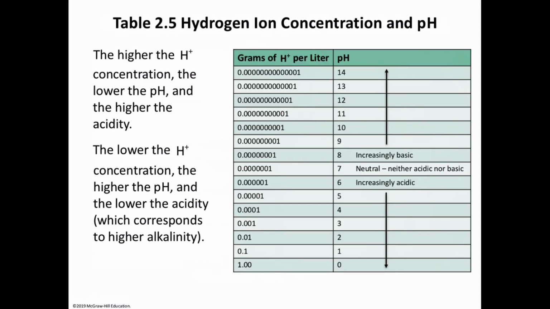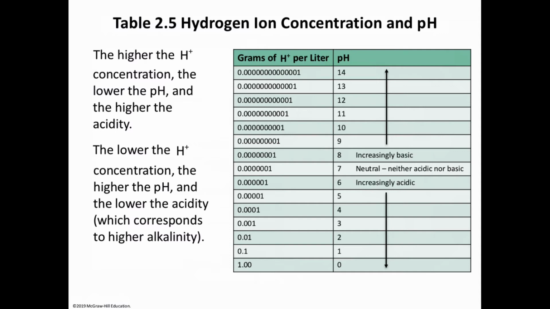If you look closely, class, if I were to ask you on your test, how does the hydrogen ion concentration compare between a solution at pH 6.4 and a solution at pH 8.4? How do they compare?